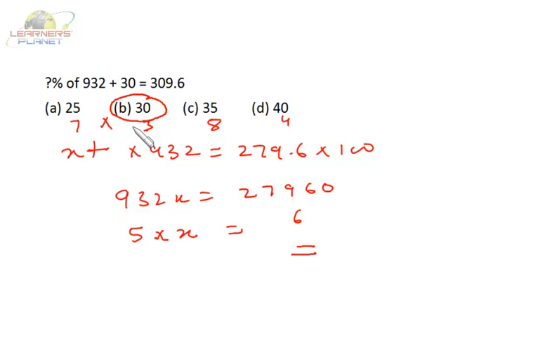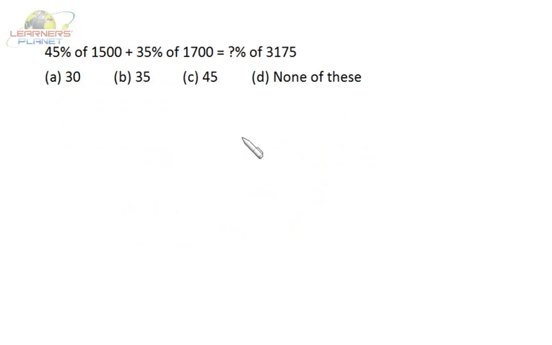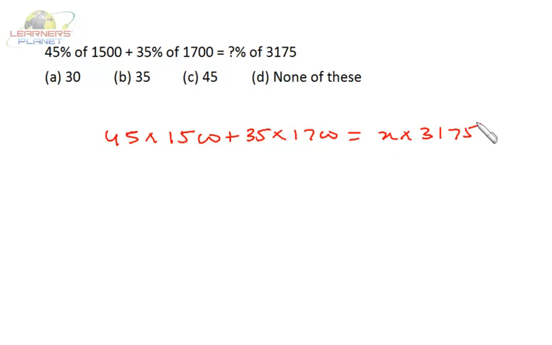Okay, so let's take the next problem. Now let's see this problem. Friends, in this problem there is a percentage sign on the left hand side as well as the right hand side, so we can eliminate it. So precisely our calculation is 45 into 1500 plus 35 into 1700 is equal to x into 3175.